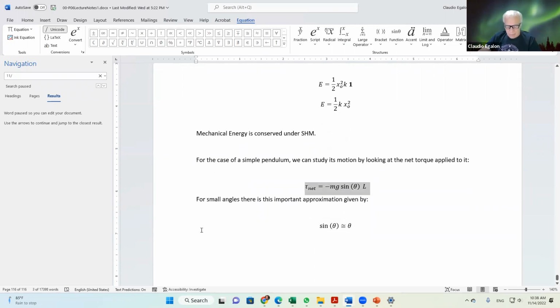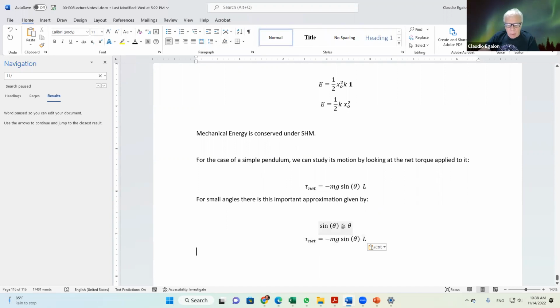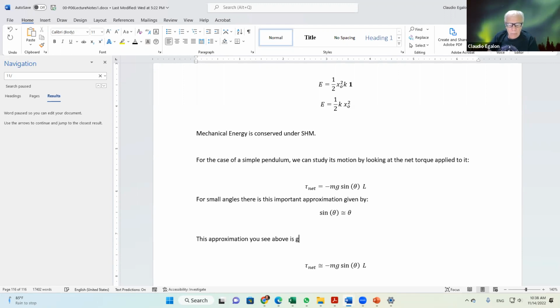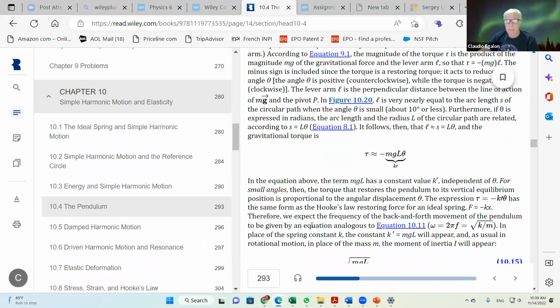It's a pretty good approximation. This approximation is good up to 45 degrees of angle, and I can prove that to you in Excel. Okay, that was mgL theta.